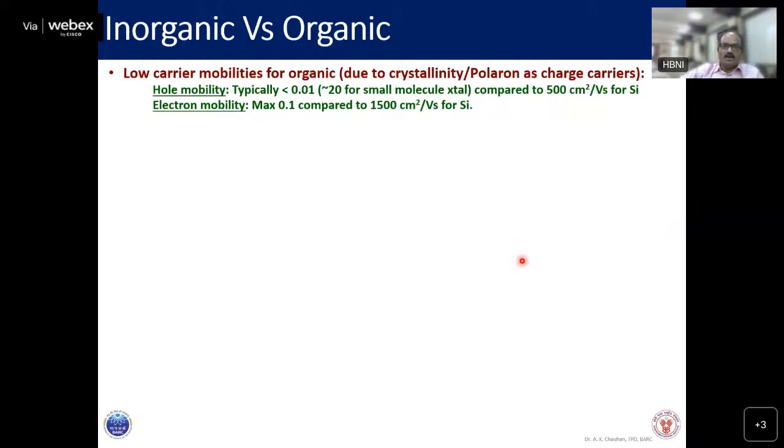As far as the mobilities are concerned, you see there are low carrier mobilities for organic. It is because of the crystallinity only. So hole mobility is typically 0.01, and if you take slightly bigger clusters or small molecules, molecular crystals, about 20.